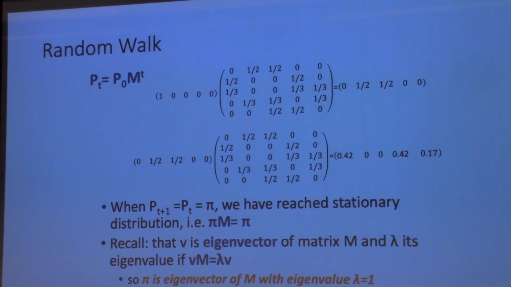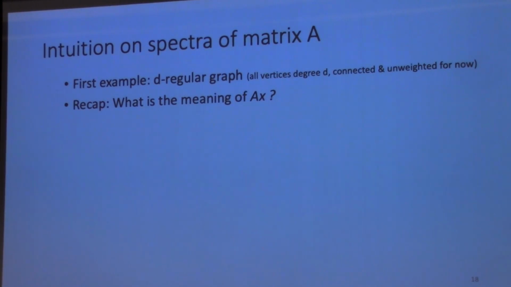But we can actually say more things. There's something called the spectrum of a matrix. I'm not sure if you saw that. Have you seen the spectrum? Yes? Good. That means this will be very easy, right?